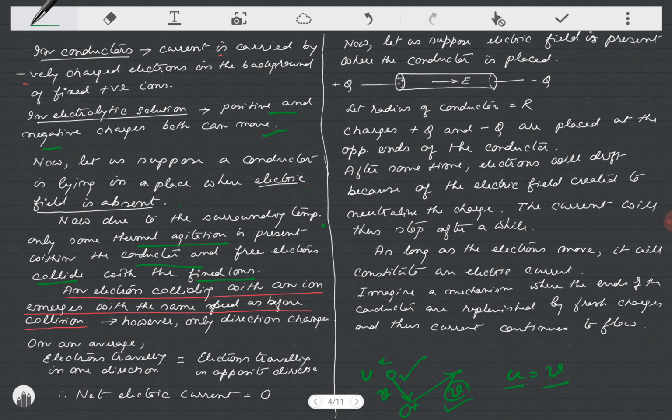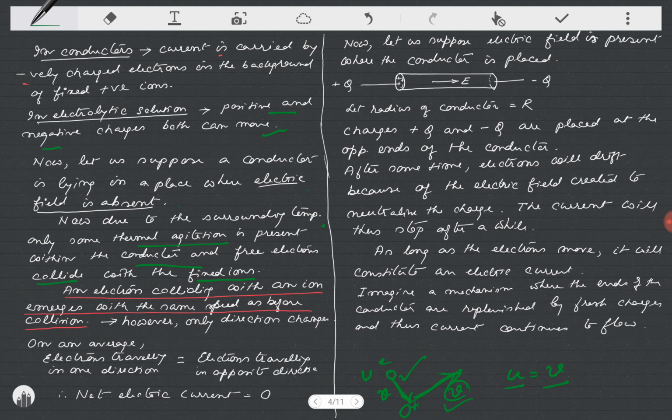See the direction, it was in this direction, and now it is in this direction. So only the direction changes. On average, the electrons traveling in one direction equal the electrons traveling in the opposite direction.